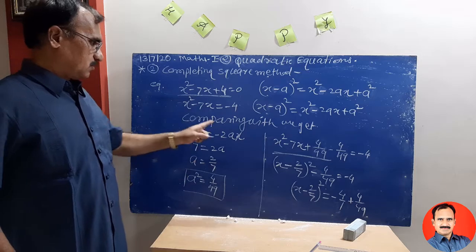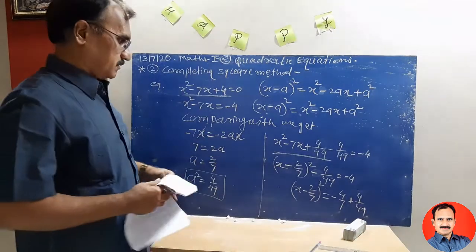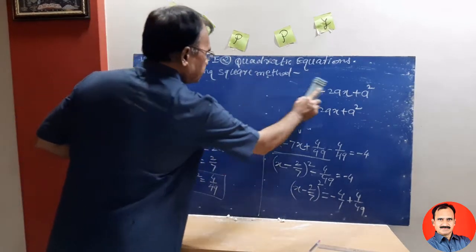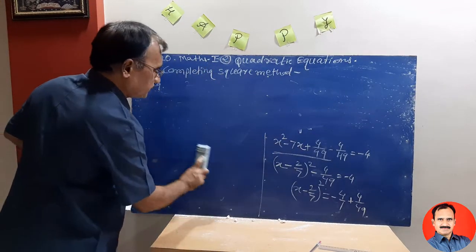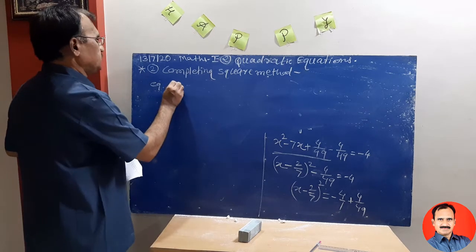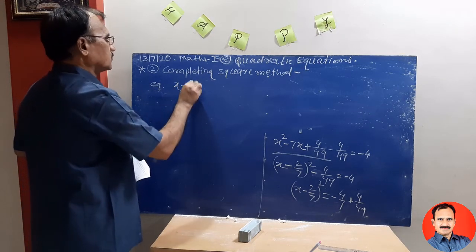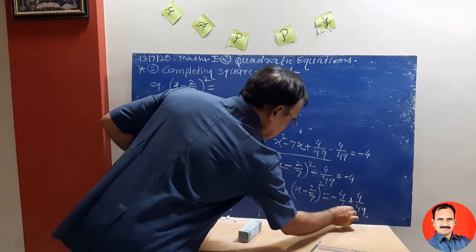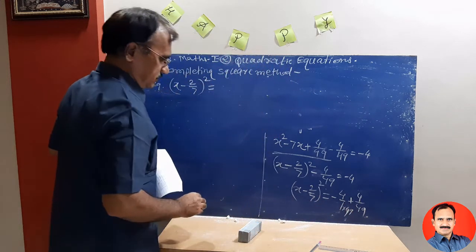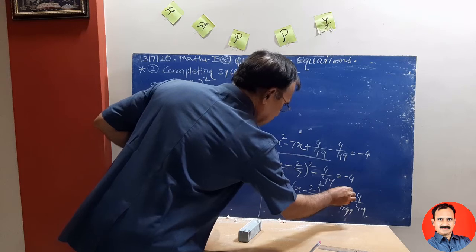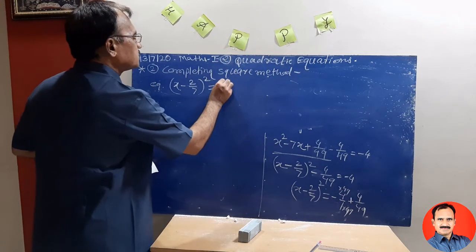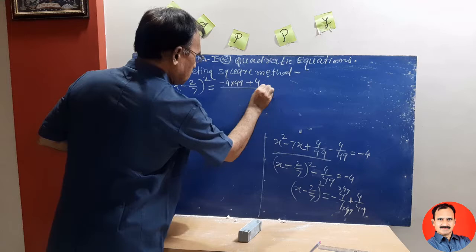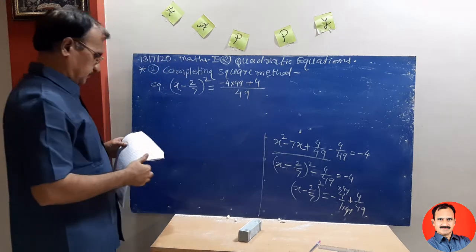This is the perfect square of the LHS of the given equation. Now x minus 2 by 7 bracket square is equal to, here equate the denominators: 1 and 49, so minus 4 into 49 plus 4, divided by 49.